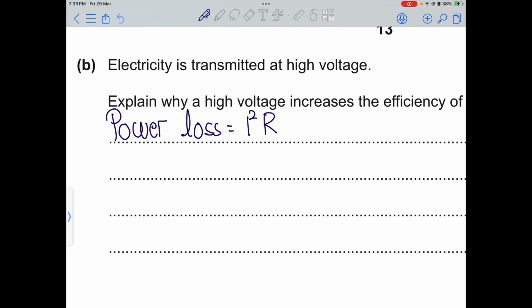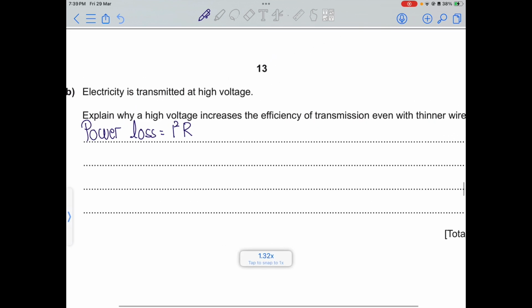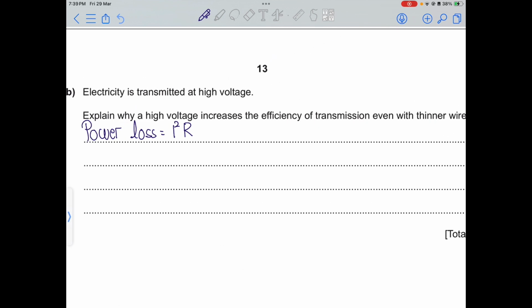When you use a lower current, the heating up of the wire is less, and less energy is lost as thermal energy, which means you have more efficient transmission. And when you use thinner wires, the thickness of the wire is very low, which means the resistance is large.